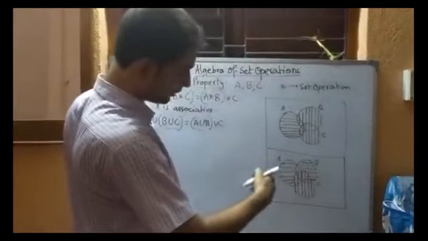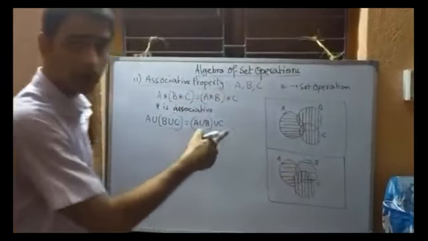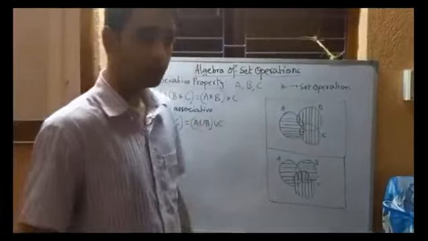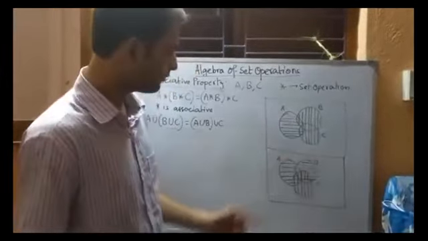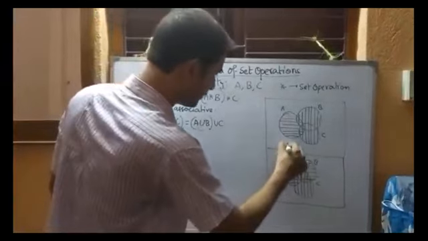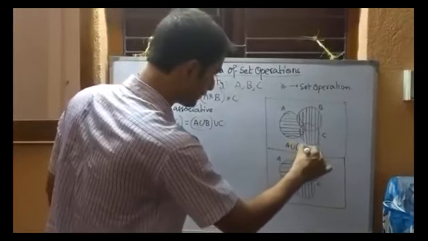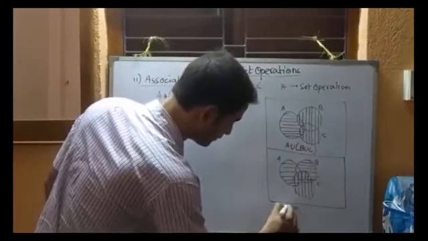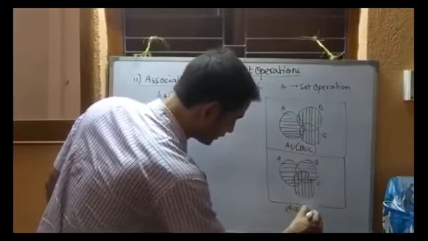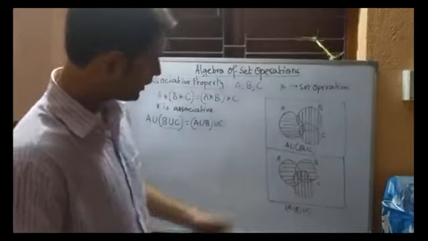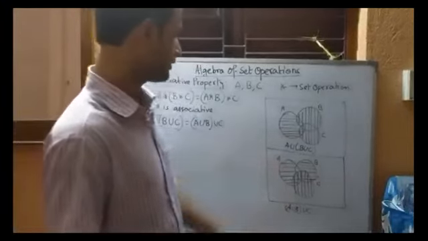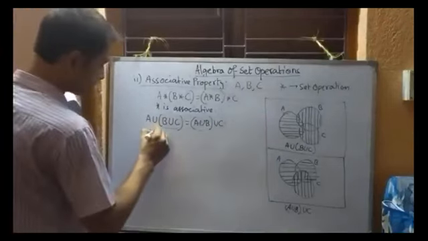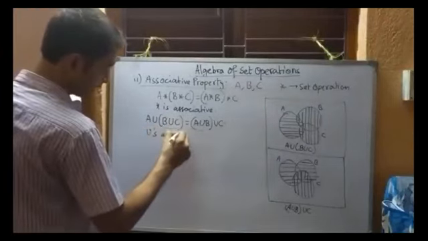See, the whole shaded region is the total area for the circles. So this was A union (B union C), and this is (A union B) union C. See, both the regions are the same, so we can say that these two are equal. So we can say that unions are associative.